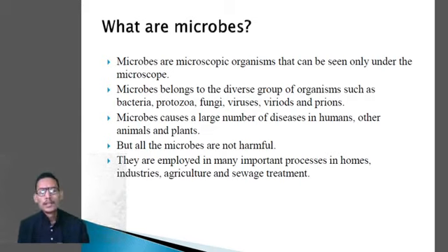Next, microbes belong to a diverse group of organisms. They belong to bacteria, protozoa, fungi, viruses, viroids and prions. So they have huge diversity. Microbes like bacteria and fungi can be grown on a nutritive medium.